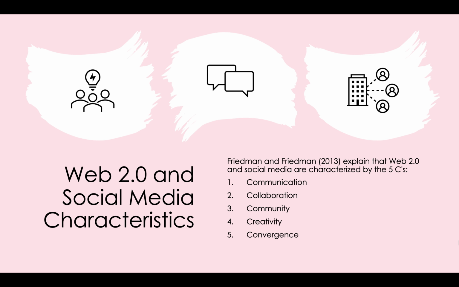Additionally, Web 2.0 and social media tools allow for the creation of learning communities. Creativity is encouraged as students create original posts, essays, responses, videos, and presentations. Finally, Web 2.0 and social media tools are often created by combining media formats such as video, text, sound, and animation.